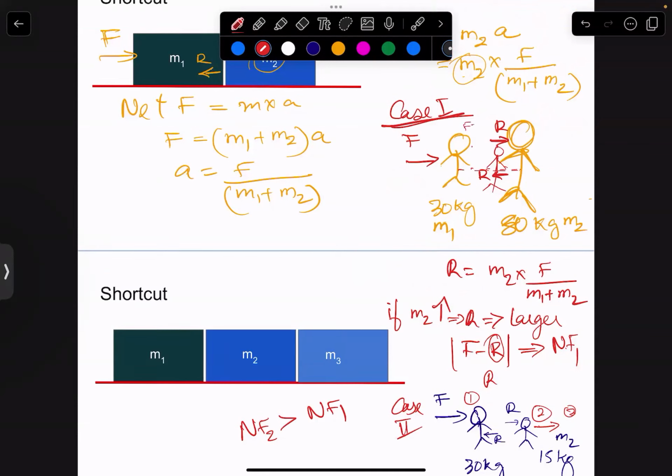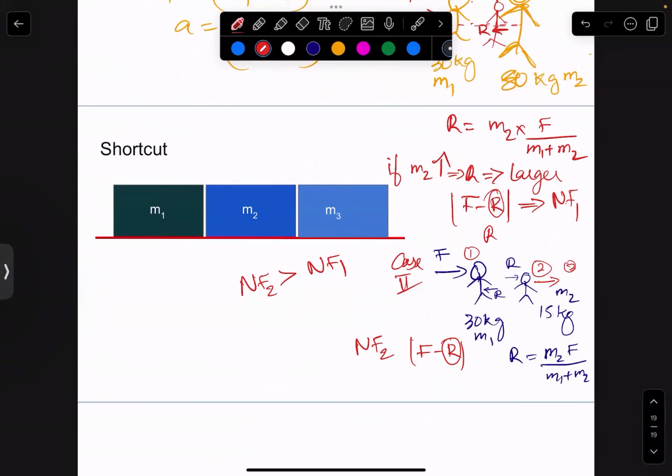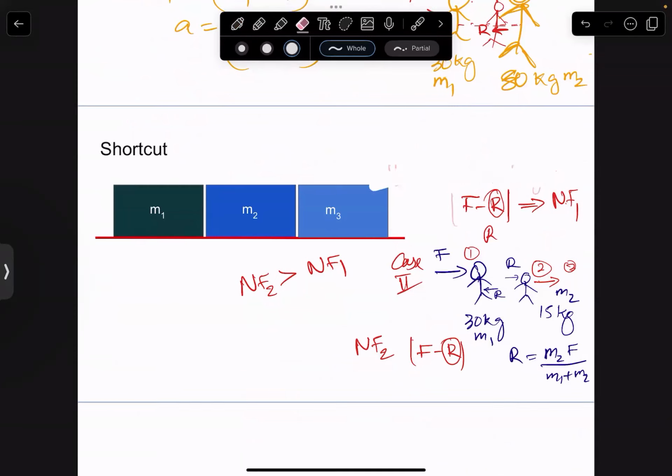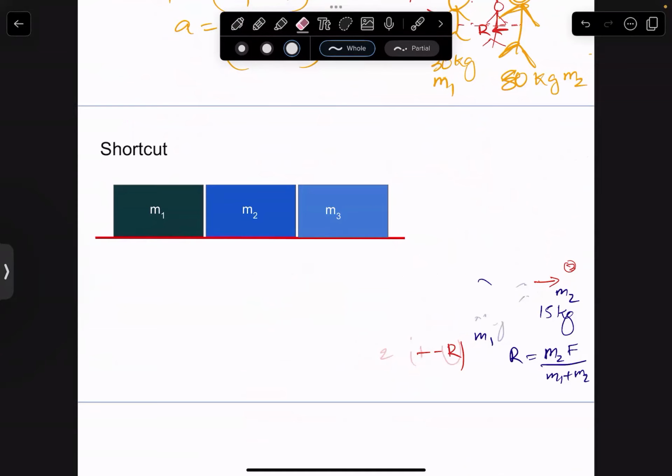This F minus R is less, so this child will eventually go a lesser distance. That means the second person, third person, etc., they will be experiencing lesser force, so it will be much more stable. So that is how this crowd is pushing, and some people fall down and severe things happen. So these can all be explained with this kind of free body diagram.